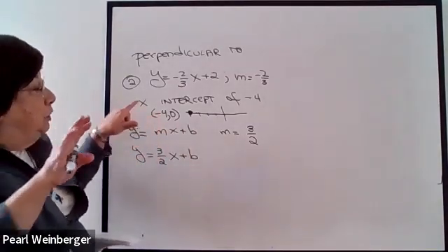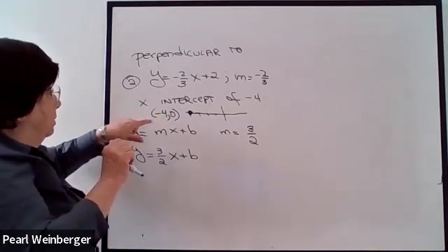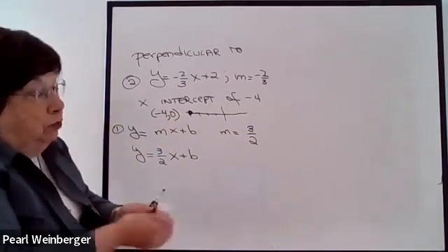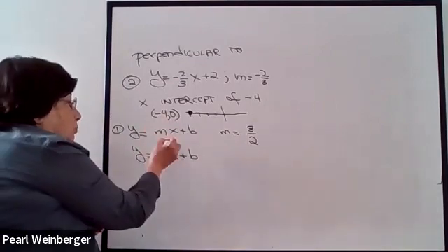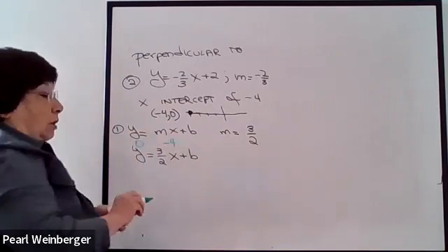So in this case, we do have a point on the line. The point is going to be the point -4, 0, which means I'm going to do what I did before. I'm going to replace the x with -4 and the y with 0.